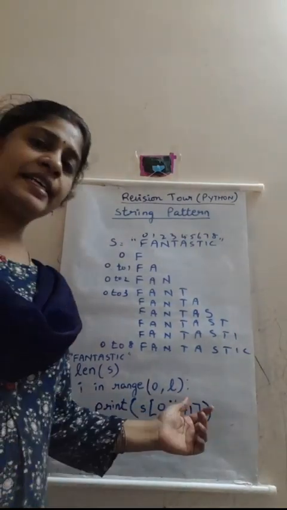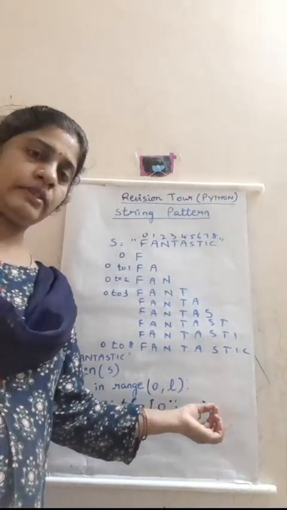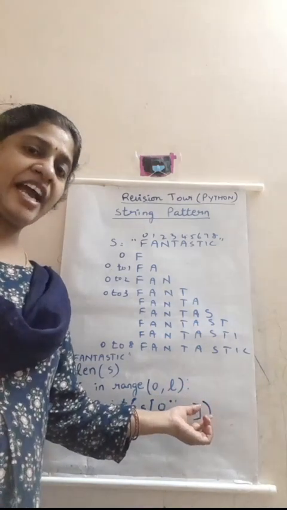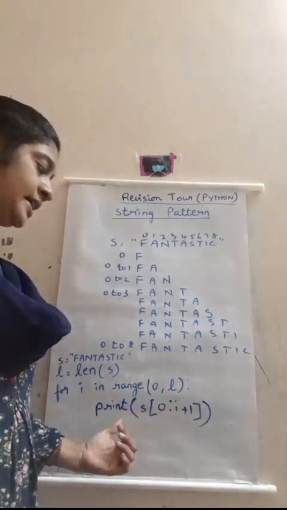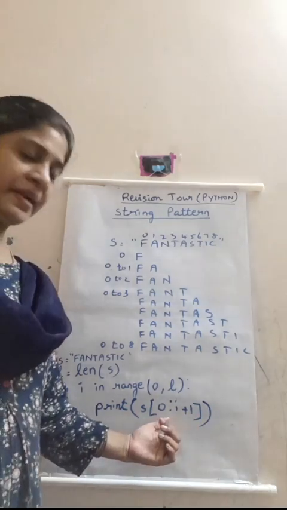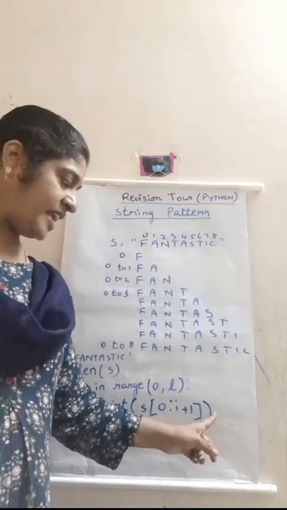You need not specify the end argument in this case. When you are doing string slicing and displaying the pyramid, you need not specify the end argument.